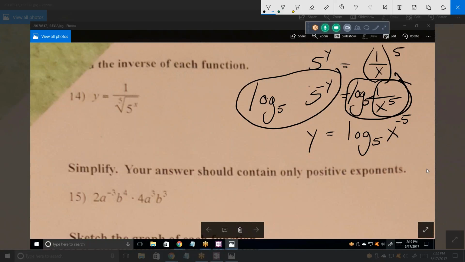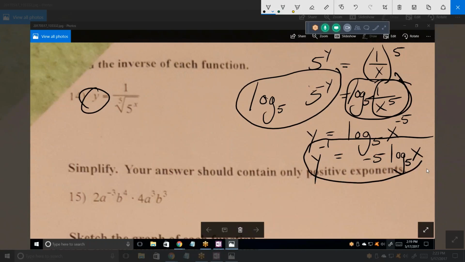And now I can move that minus 5 down in front. So I get this. And that's what y is, but it's not really fair to call it y. It is not the same y as that. It's the inverse of y. And that's what the inverse of y is.